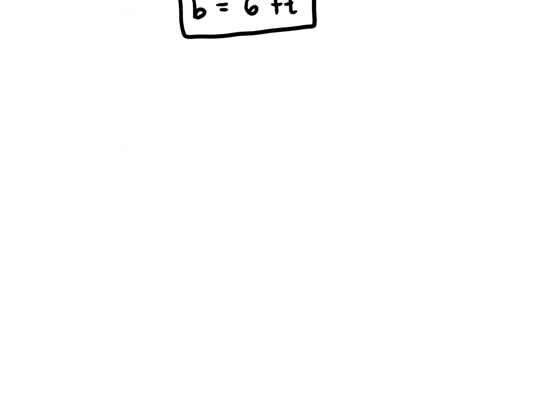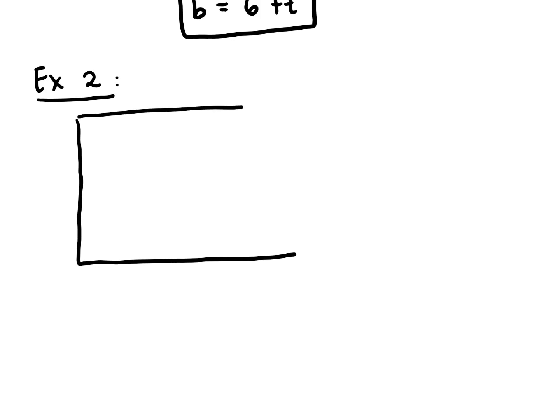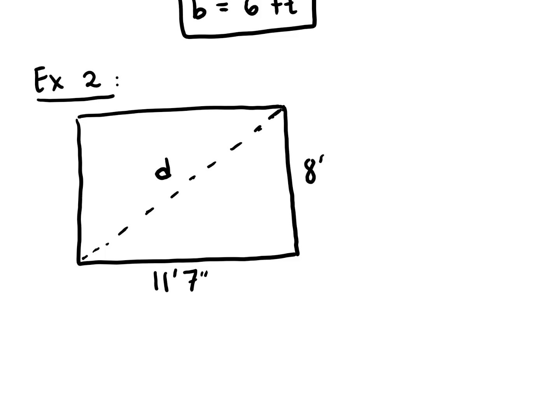Okay. So let's suppose, so example 2. So let's suppose we were laying out a rectangular, I don't know, a garden or a rectangular concrete pad, and we wanted to know what the diagonal would be, so let's call this D. Suppose we wanted to know what the diagonal would be if this length right here was, let's say it was 11 feet 7 inches, and this width right here was, let's say, 8 feet and 3 inches.